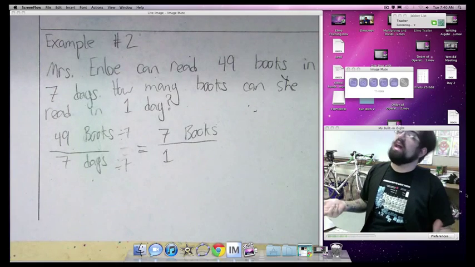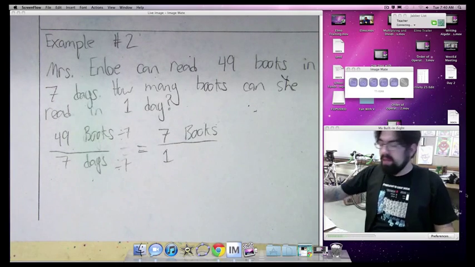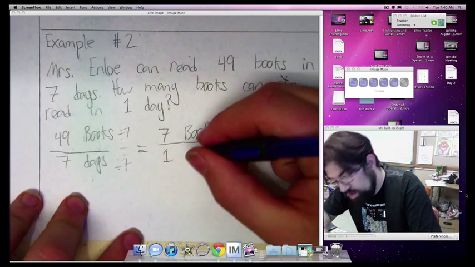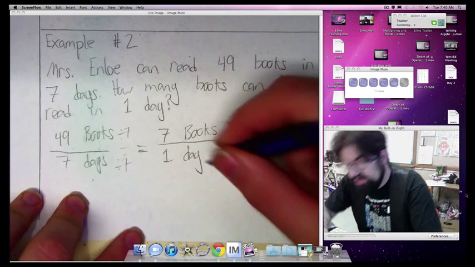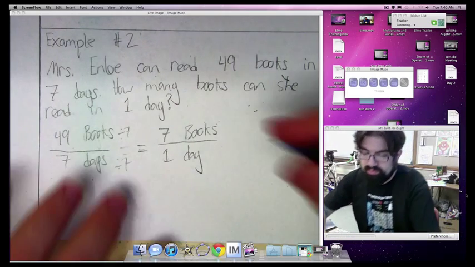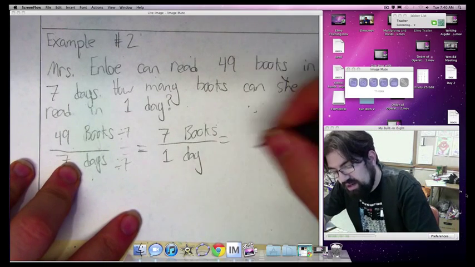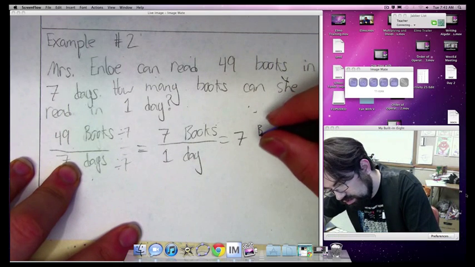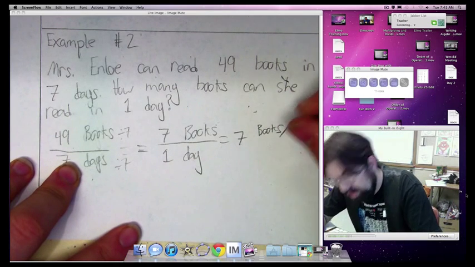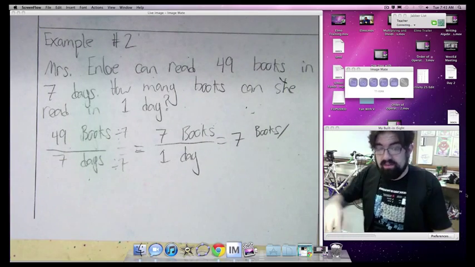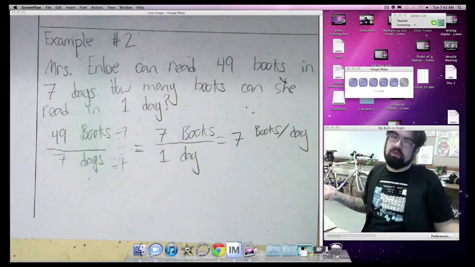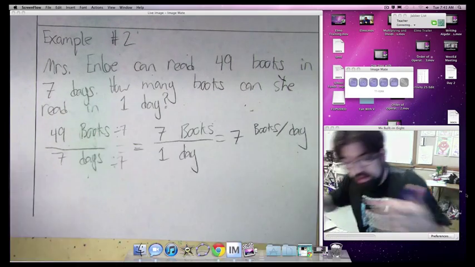We want a 1 down there. 1 day, 1 hour, 1 minute, 1 cake. Whatever. You want a 1 down there. Because, hey, look, 7 divided by 1 is just 7. And I'm going to put books per, that's what that slash means, per day. 7 books per day. But that's not enough.